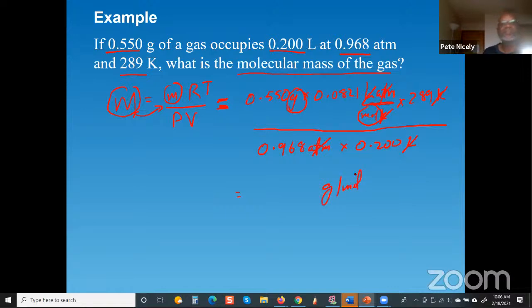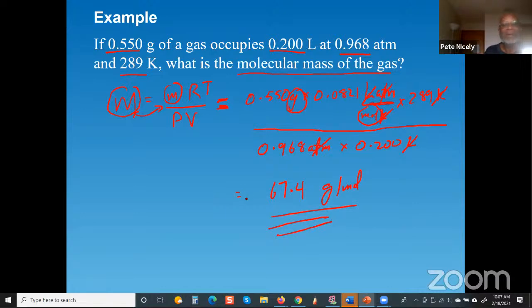So we're going to do our calculations here: 0.550 times 0.0821 times 289 divided by 0.968 divided by 0.2. According to my calculations, and somebody can correct me if I'm wrong, when rounded to 3 sig figs, this becomes 67.4 grams per mole.